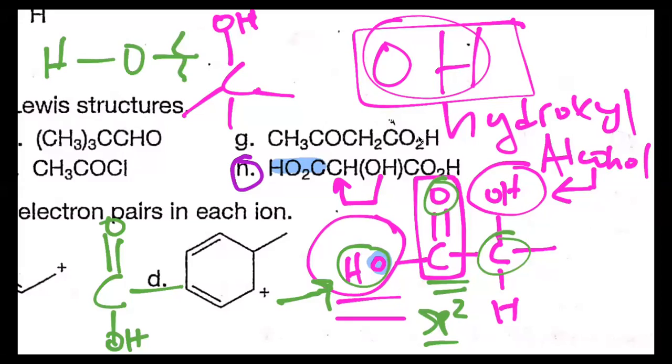So the 3 groups are the 2 alcohols and the 1 ketone? It's the hydroxyl oxygen, the carbonyl oxygen, and the carbon to the right of it. You see the carbon circled in green? Yes. Those are the 3 groups attached to that carbonyl carbon. That's what makes it sp2 hybridized.